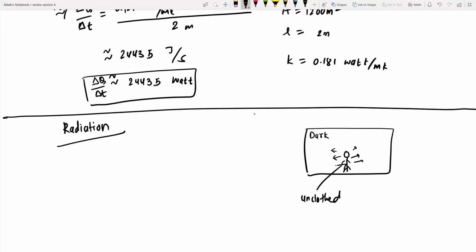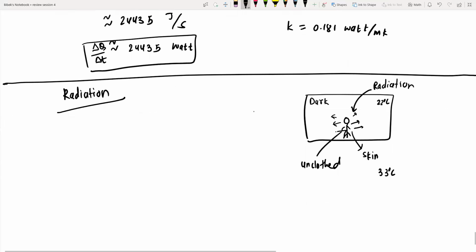The room has a temperature of 22 degrees centigrade, and the person's skin has a temperature of about 30 degrees centigrade. This loss of heat without any touch or transfer of any material is known as radiation. It's the way by which we get heat from the sun, right?